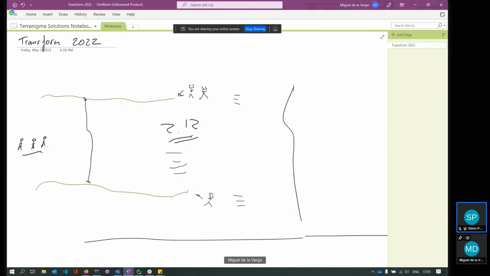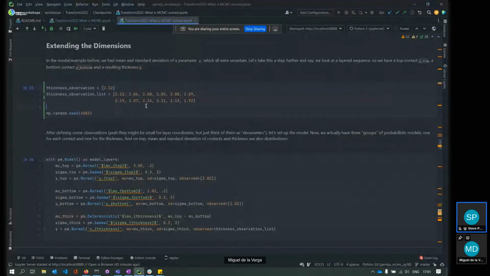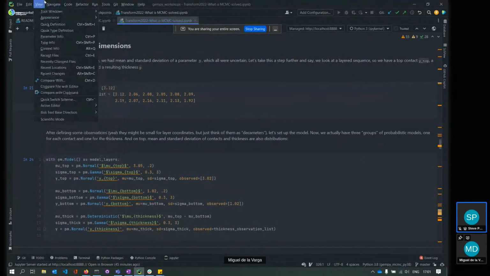But we know that they are related. In this case, it's obvious that if we subtract the top interface from the bottom interface, we are going to get the thickness. So can we encode that in our Bayesian model? Yes. We'll come back to the code, and let's see how we can do that and what it means for our plots.